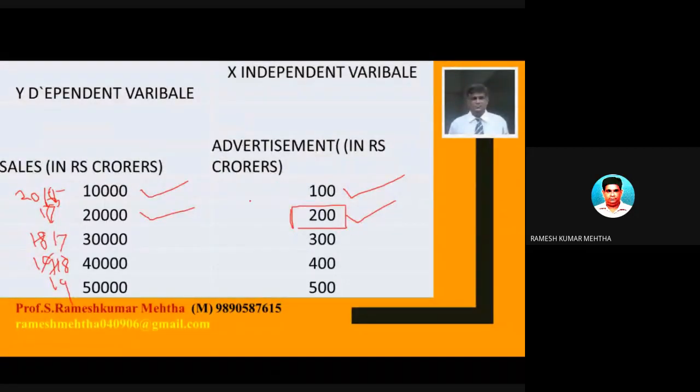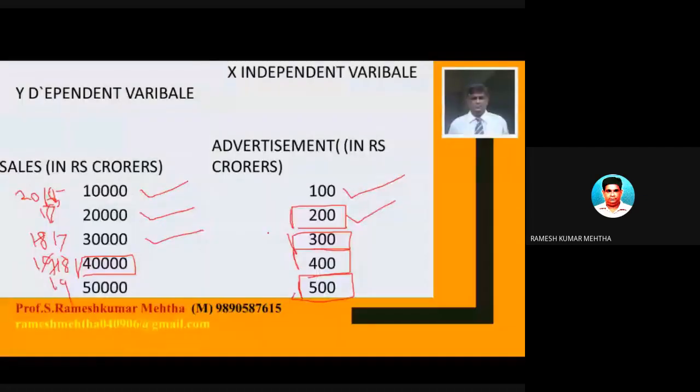When they spent 300 crores on advertisement in the year 2017, this is the sales they registered. In 2018, when they spent 400 crores, the sales registered was 40,000 crores. And in 2019, when the advertisement budget was 500 crores, the company registered sales of 50,000 crores.